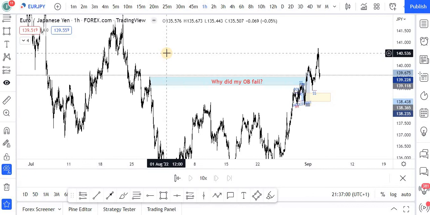We may have several reasons why some OBs or other blocks do fail. For instance, if your order block is not in the premium or the discount zone, it might also be very risky to rely on it. Then the question also goes, how do you know that an OB is going to hold, or that price is going to react from it or reverse full scale from it?